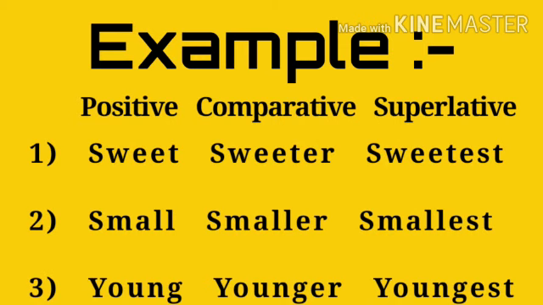In these examples, in the positive degree, the word remains the same, whereas in the comparative degree we are adding er, and in the superlative degree we are adding est. There are many more like this, changing from positive to comparative and comparative to superlative degree. So I would suggest you all to learn it from the book.